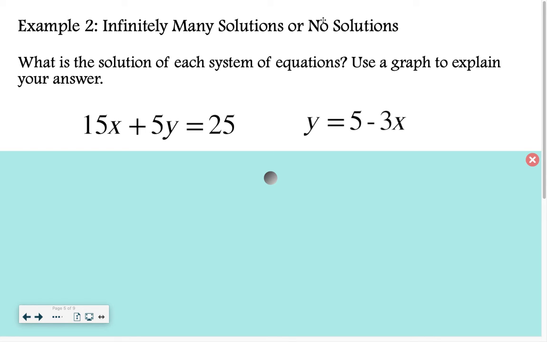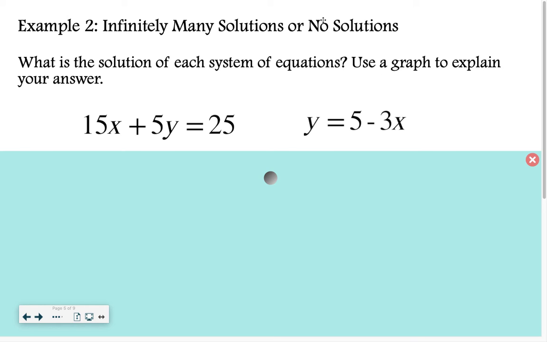So the way that this works with graphs and systems of equations is if you have two lines that never touch, that's called no solution. And that's no solution because, remember, the solution to a system of equations is the ordered pair where they cross. And if you have two parallel lines, that means they're never going to cross. And that means there's no solution.